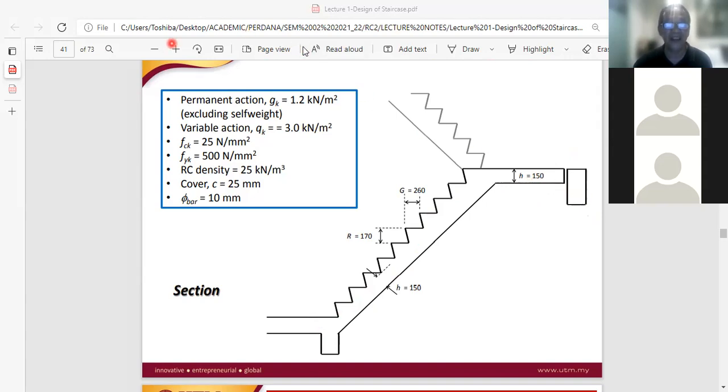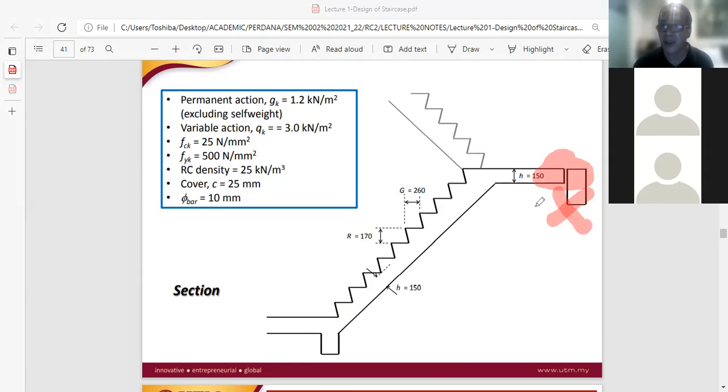There is a clear gap between these two components. Okay. There is a clear gap between the landing and the beam, which is at the end of the landing. So there is a beam, ada rasuk di sini, but then this beam is not functioning sebagai penyokong for the staircase because it is not connected kepada staircase.